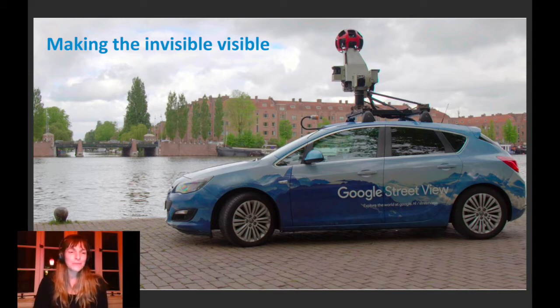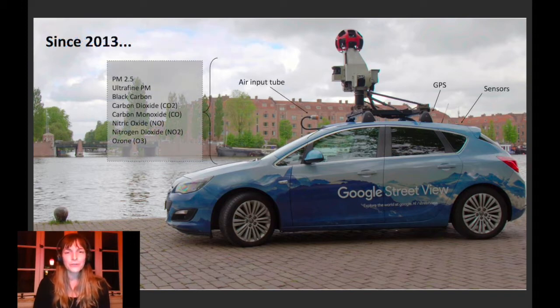I'm going to tell you a little bit about Google's background in the project around collecting air quality data, and then I'll hand it over to Jeff from Gehl Architects to take it from there. Seven years ago, I helped start Google's effort to map air quality street by street in cities around the world. We used a resource that we had available to us, Street View cars. We worked with scientists to equip those cars with air quality sensing equipment so that they would measure air pollution once every second as the car drove down streets in cities.